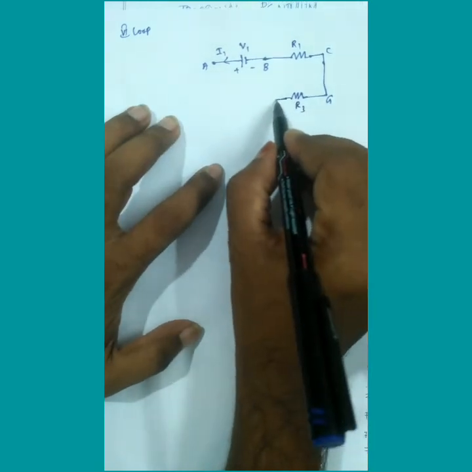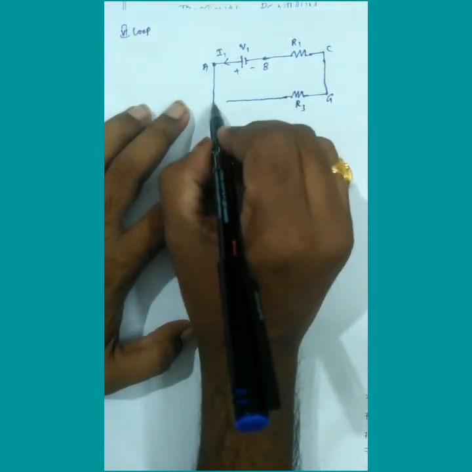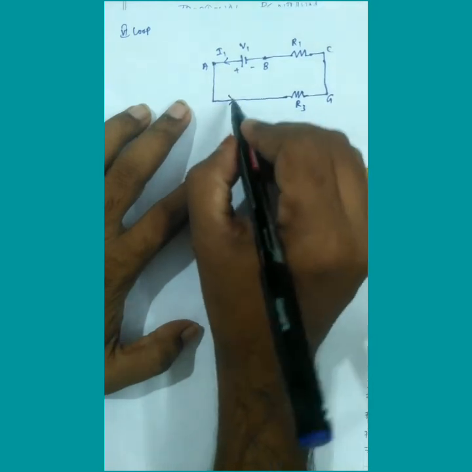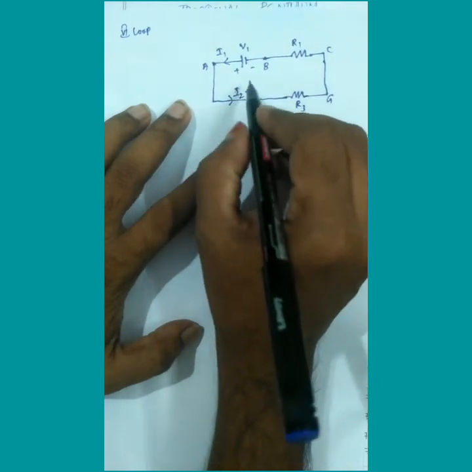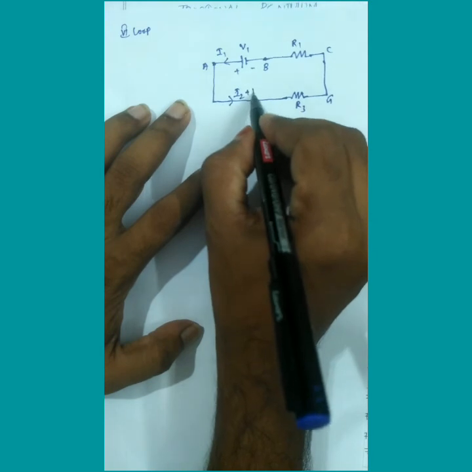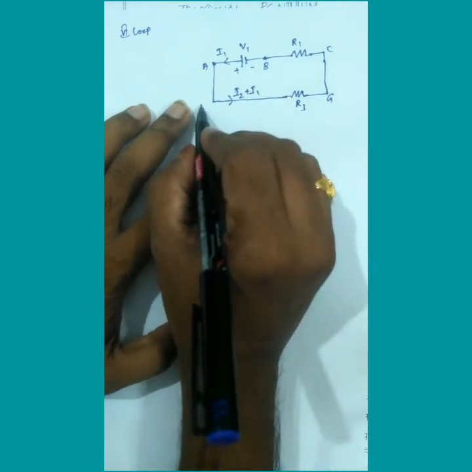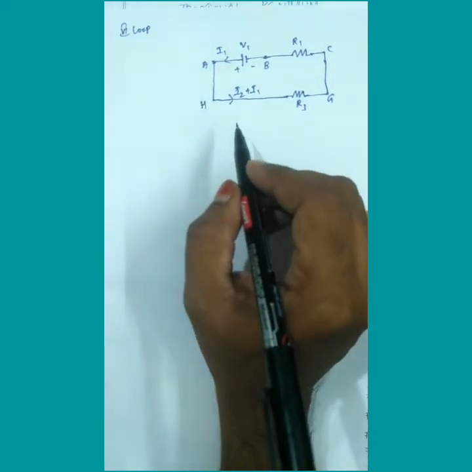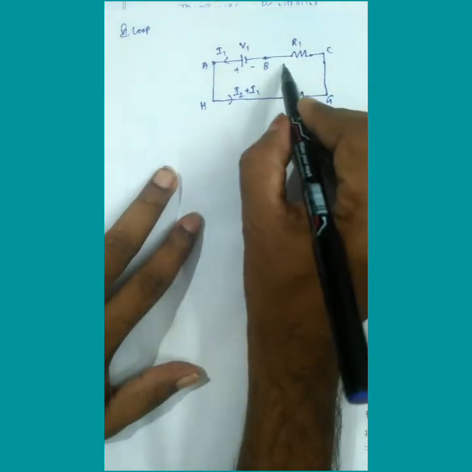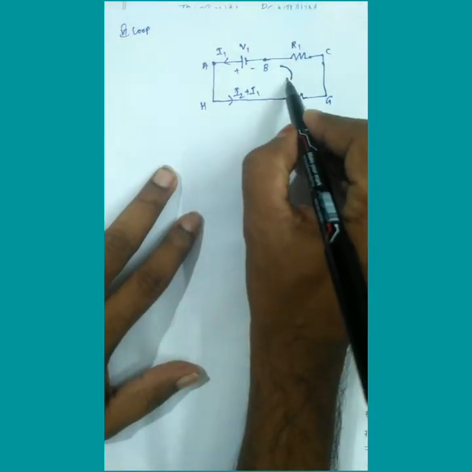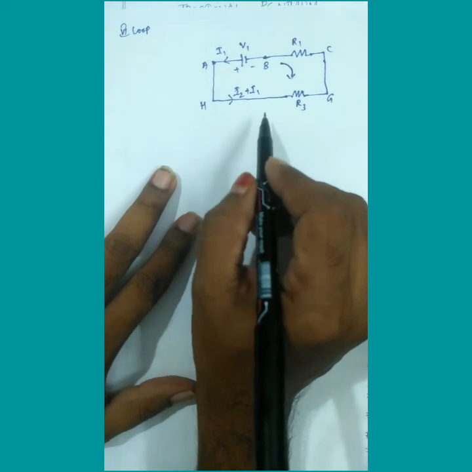Why? Because we are taking a big loop. The current flowing because of the two batteries is I1 plus I2. This we are calling H. So in this situation, the direction we are taking is along this direction.